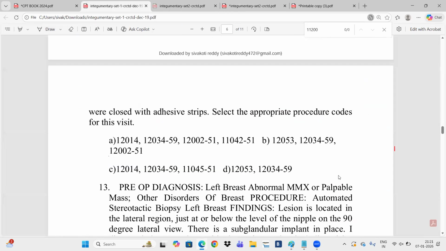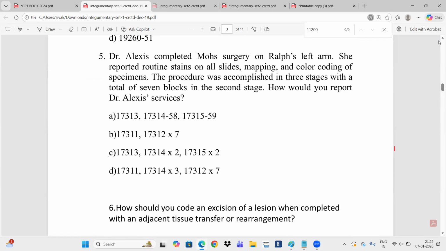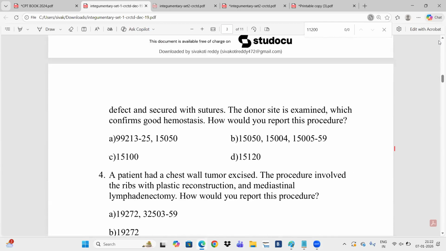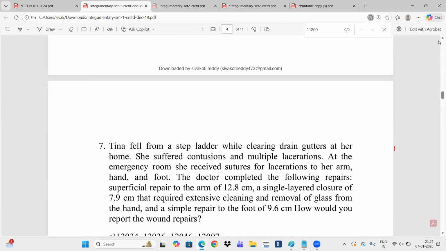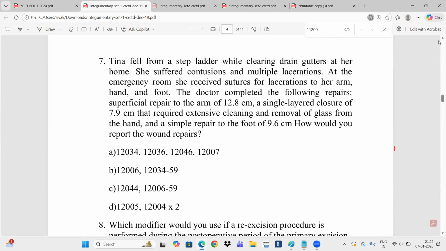Next, one more question. Seventh question. Engineering closure between the dots.